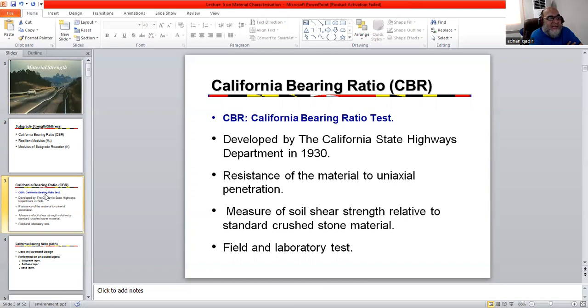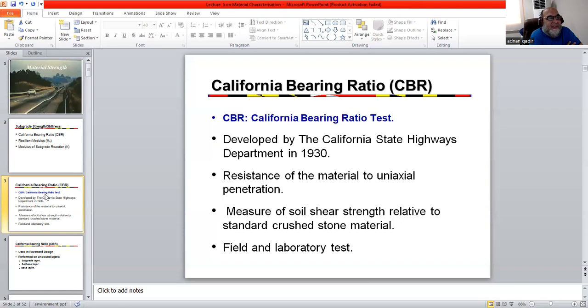Obviously, when you are designing a pavement, the ideal pavement should rest on a rock foundation. So whatever soil we have, we want to know how close it is to the rock in terms of its strength.